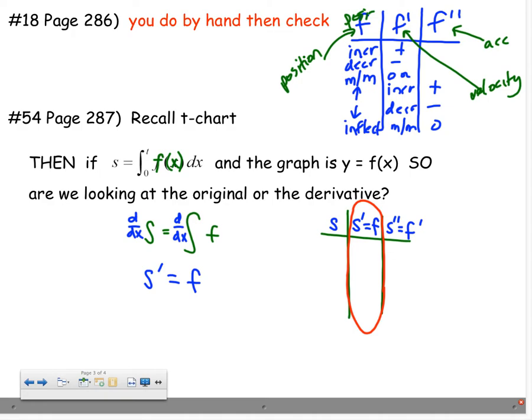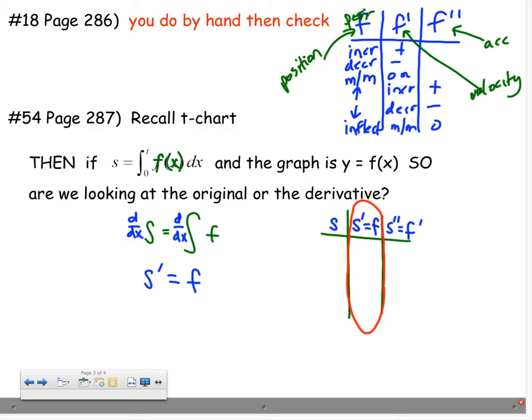Let's look at question A. What is the particle's velocity at time t equals 5? Which graph are we looking at? We're looking at velocity. So what is the velocity at 5? We have the point 5, 2 on the graph. So when x is 5, y is 2, or more appropriately when t is 5, although they have x's and y's.